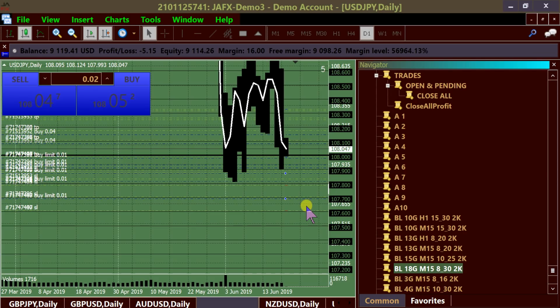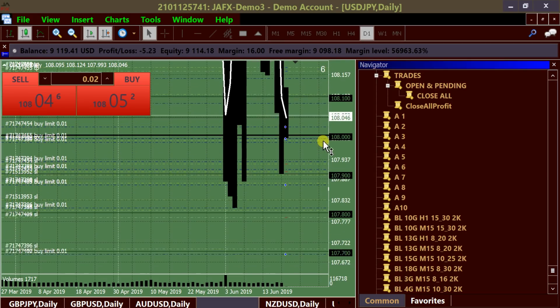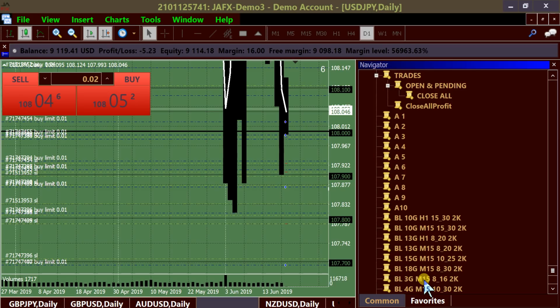Put 2 tickets in there. Very greedy bounce script. 8 pip stop to make 30 pips on a 2K. 8 to make 16, 3 pips apart. So this is very aggressive. You're going to buy this market for 15 minutes.